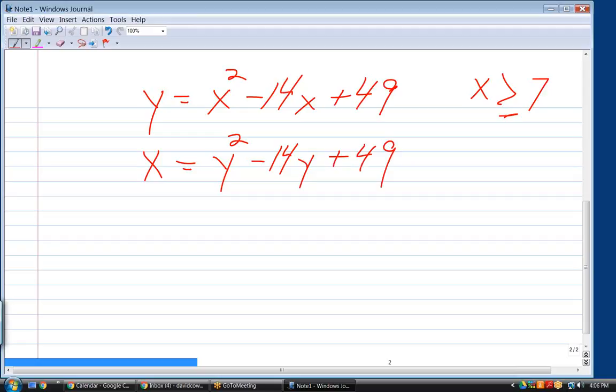I think there's probably a couple of ways to do this. In this particular case, because I can represent this quadratic as y minus 7 squared, correct? Yeah. So now solve that for y.